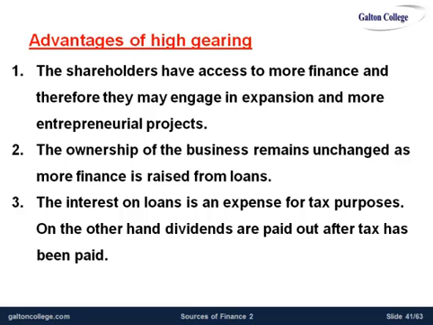So there's no equity finance, there's no new investors coming in, it's simply the banks or the lending institutions giving more money if they think the business is a good risk. The interest on the loan is an expense for tax purposes. On the other hand, dividends are paid out after the tax has been paid.